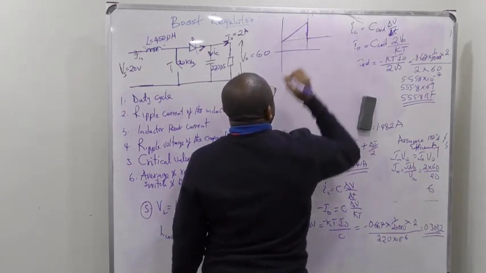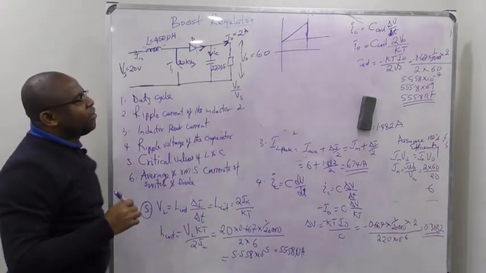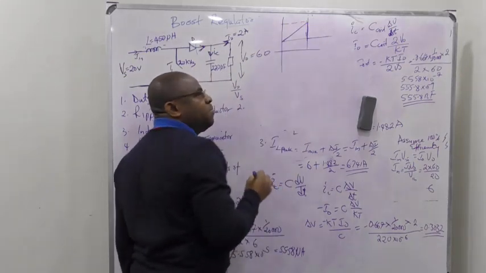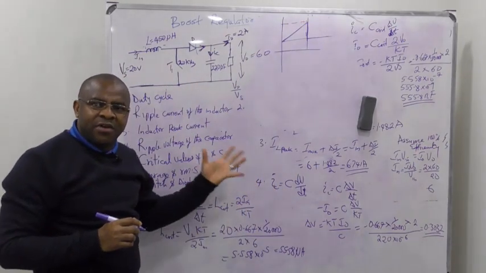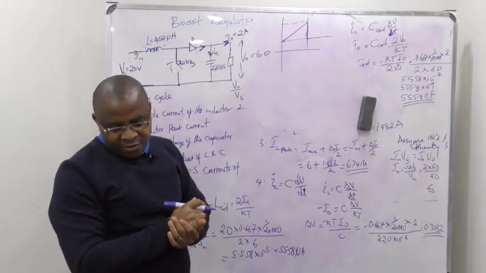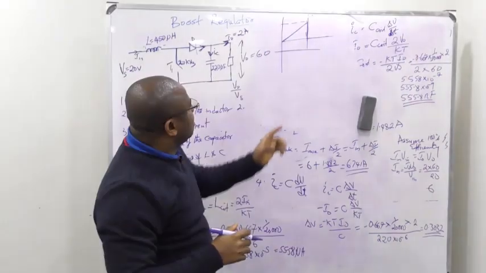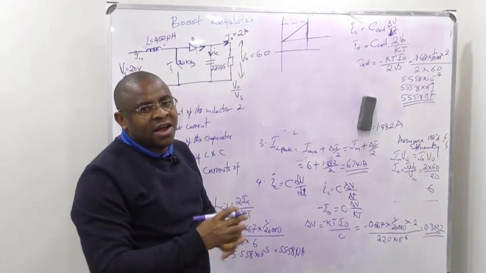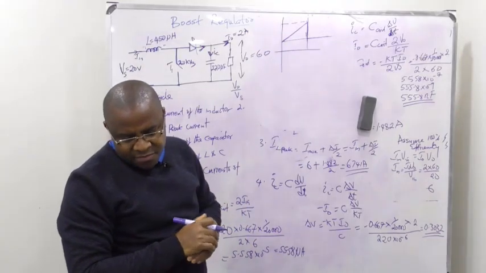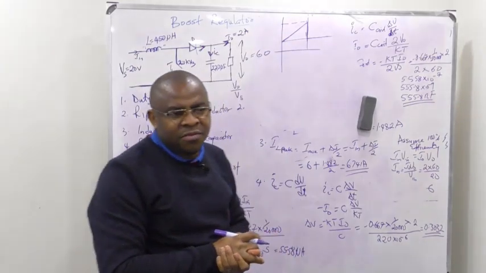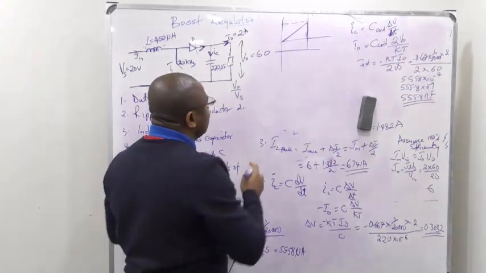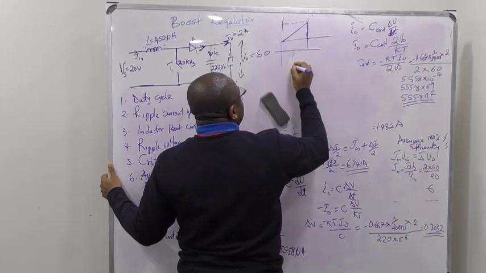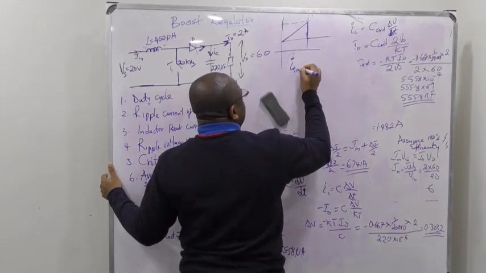So this goes up, and that's all. And you know what this peak value is? It is the same peak value as that of the peak value of an inductor. So if you find the average value of that signal, we're not going to prove it now, but IT average will be the same thing as K I in.